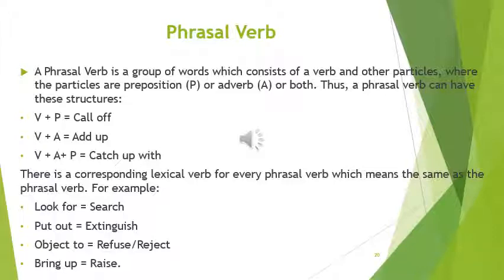That is, a combination of a verb and a preposition, or a verb with an adverb, or a verb with a preposition and adverb at the same time. A phrasal verb is an idiomatic phrase consisting of a verb and other elements, typically either an adverb or a preposition.